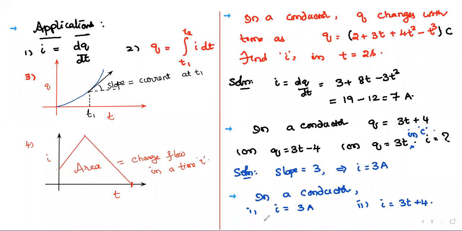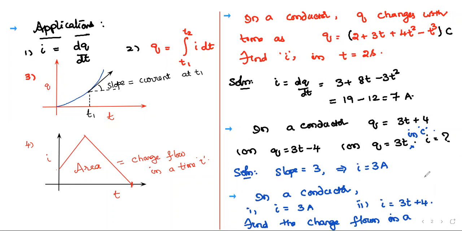In both the cases, find the charge flows in a conductor in a time t equals 1 second to t equals 3 seconds.